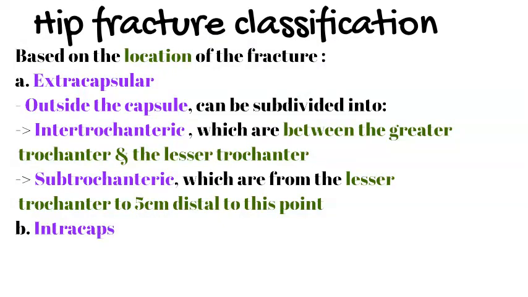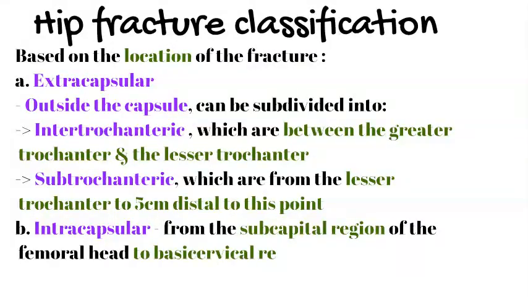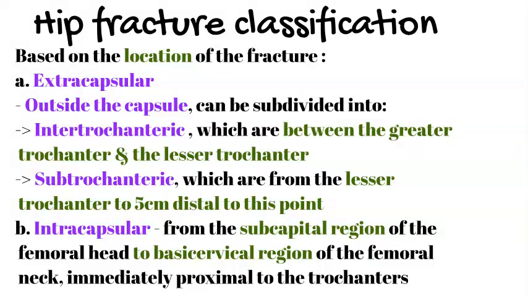Subtrochanteric are from the lesser trochanter to 5 cm distal to this point. For intracapsular fracture, the region runs from the subcapital region of the femoral head to the basicervical region of the femoral neck, immediately proximal to the trochanters.